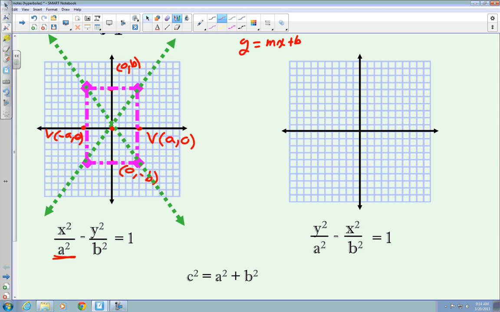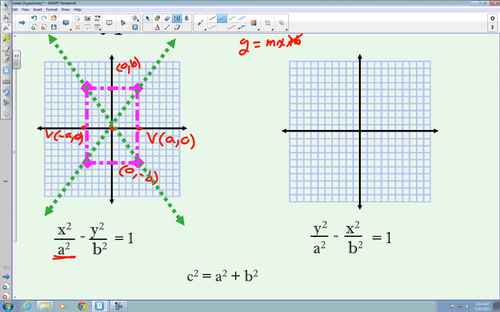Where does it intersect the y-axis? 0, 0. So b is 0, right? That makes it a pretty easy equation. If b is 0, I get y equals mx, so all I have to do is figure out the slope of that line. Well, slope is rise over run, right?